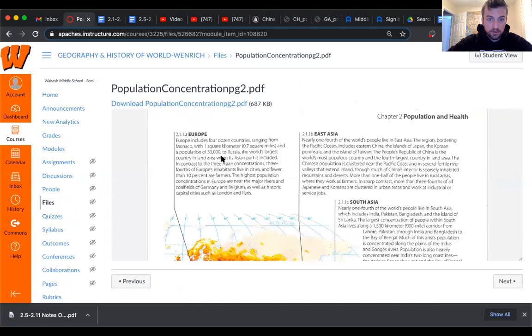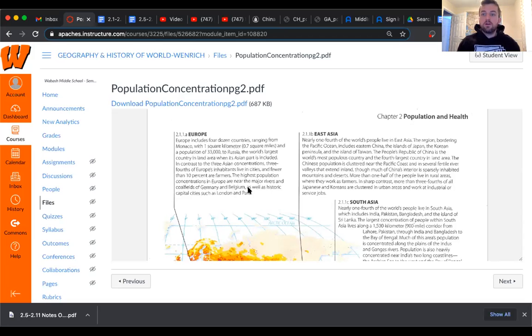So for Europe, Europe includes 4 countries, ranging from Monaco with 1 square kilometer and a population of 33,000 to Russia, the world's largest country in land area, when its Asian part is included. The highest population concentrations in Europe are near major rivers and coal fields of Germany and Belgium, as well as historic capital cities such as London and Paris.